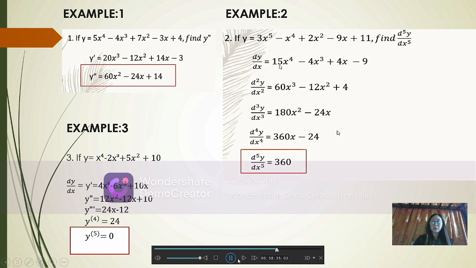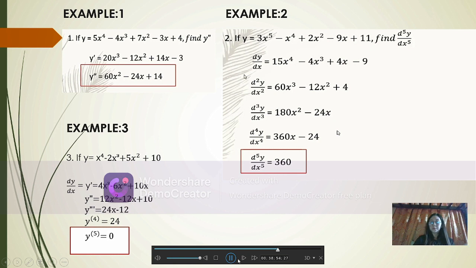Ito yung y prime, y second derivative, and third derivative. Ito naman is fourth derivative and fifth derivative.